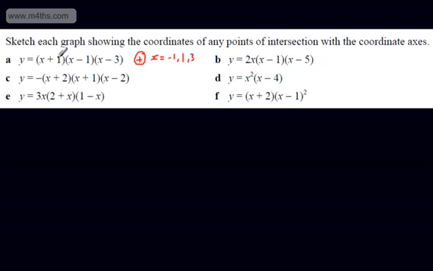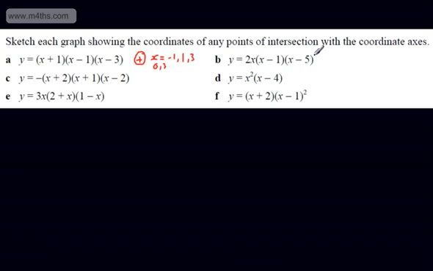So all we're doing is looking at these linear factors. If I look now where this is going to cross the y-axis, that's when x is 0. It will be 1 times minus 1 times minus 3. So we can see that this will go through the point 0, 3. So if I wanted to do that one, that would be nice and straightforward.